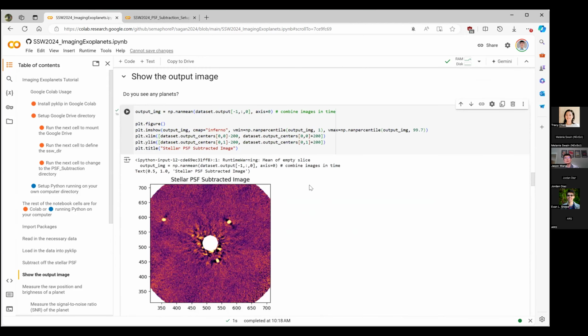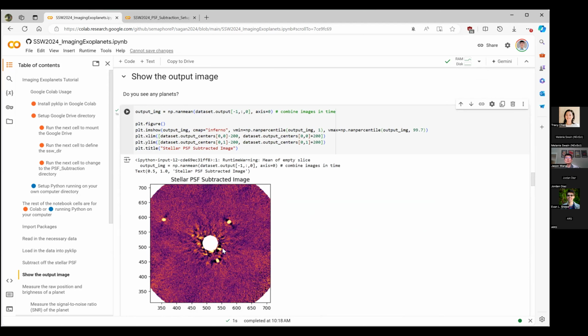So this is something for the participants to go and actually try to find themselves, which is to identify all the planets. Just to give you the answers, the outermost planet is here, the second one is here, the third one is here, and the fourth one, which is pretty close to the star, is here.